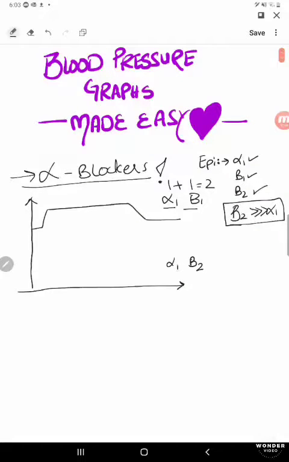Here we said beta 2 activity is far greater than alpha 1 activity. So for example, let's say that beta 2 activity is equal to 2, whereas alpha 1 activity is equal to 1. So we will see a drop, one drop that will be equal to 1. Okay, so here the drop, for example, let's say this is 2.